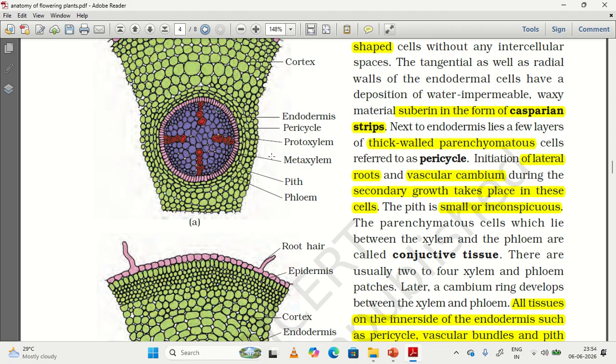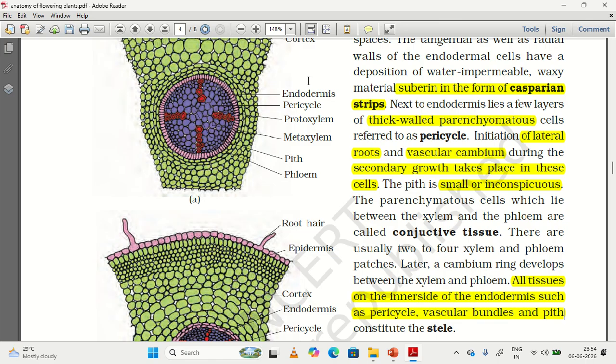After that you will have the central part, which is called the pith. Okay, and in between you will have the xylem and phloem. During the secondary growth, in between the xylem and phloem, you can see the formation of cambium. Okay, so the tissue after the endodermis forms the stele.